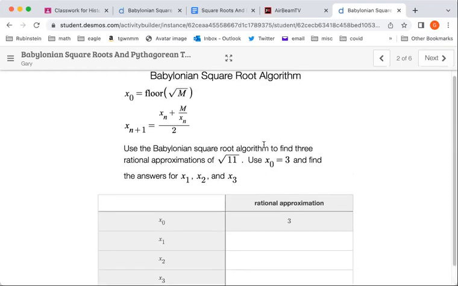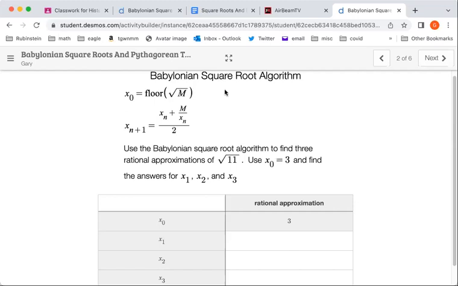So I'm going to put you into groups. Some people said maybe the math teachers and the math majors should be in different groups. I'm going to make 6 groups.